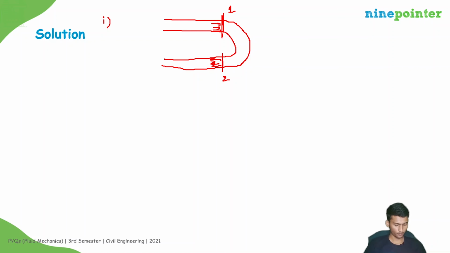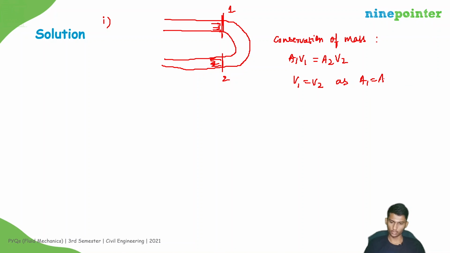From conservation of mass, A1 V1 is equal to A2 V2, right? But A1 and A2 are equal, so V1 is equal to V2. So let us assume V1 is equal to V2 is equal to some value of velocity V.